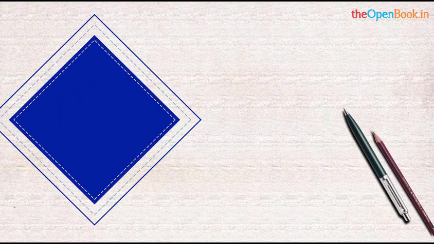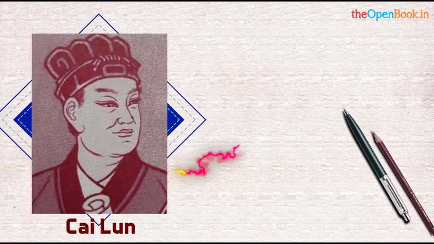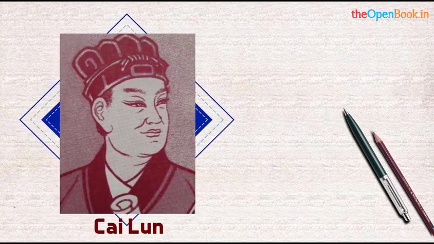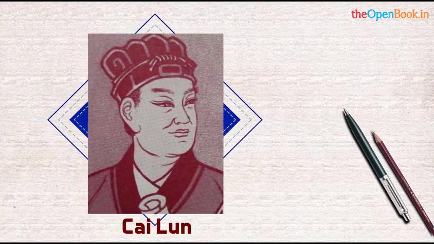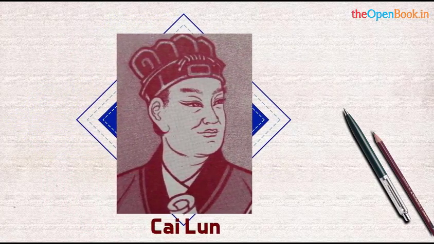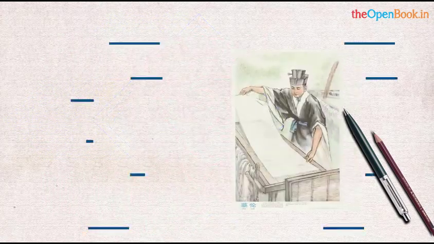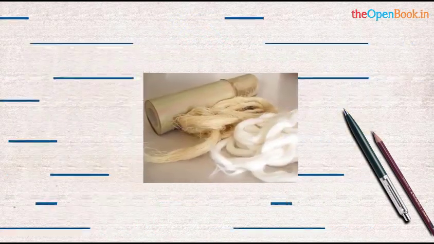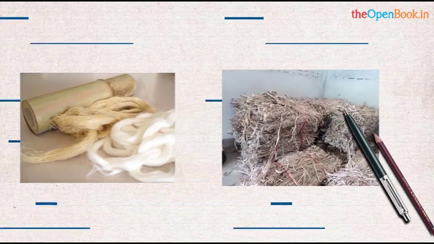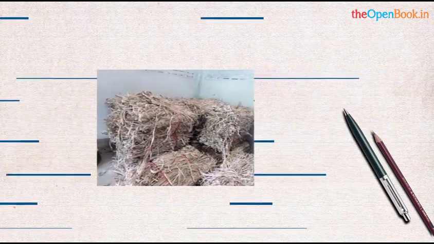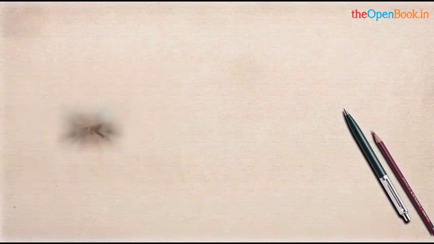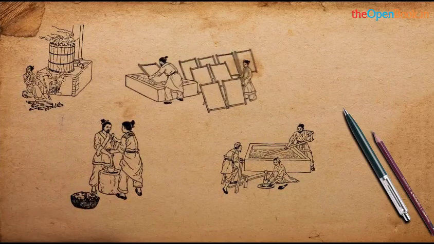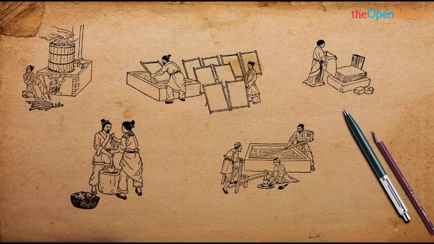Sometime in 104 AD, a eunuch, Kai Lun, in the Han dynasty, tried his hand at making paper. He took bamboo fiber and added the inner bark of the mulberry tree. He pounded them together, adding water. When it was pounded well, he let it drain on a flat cloth, and when this dried, only the fiber remained.